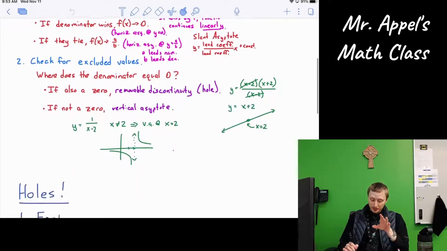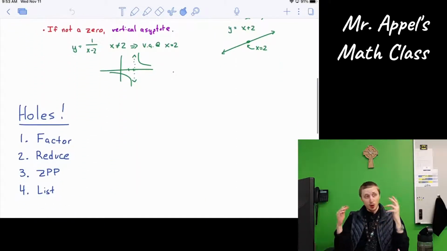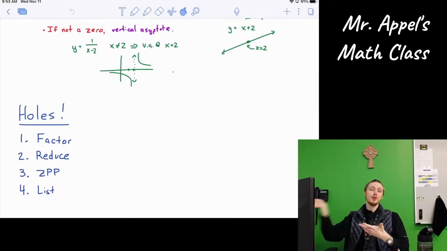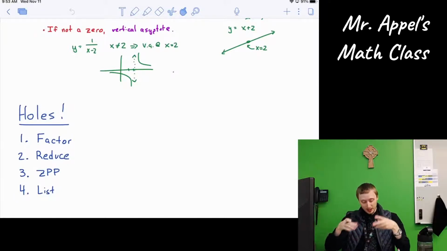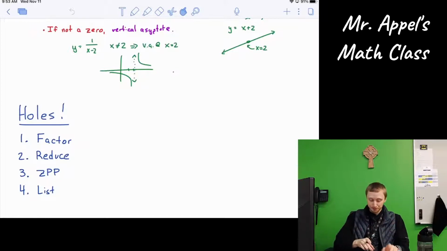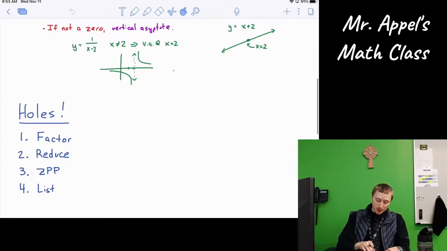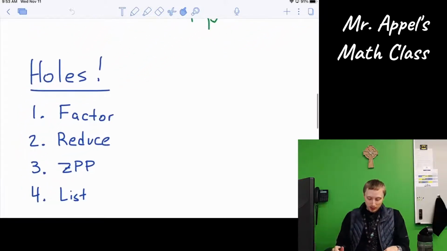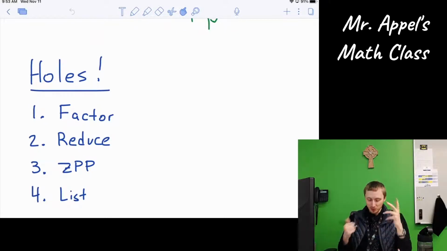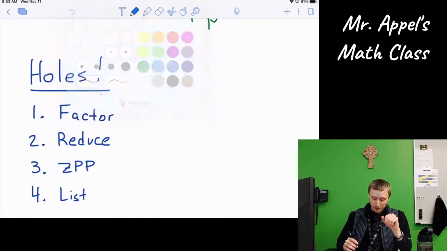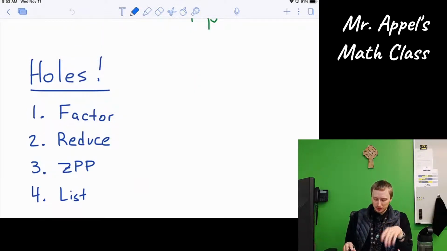But after that, because of the nature of holes, if they're present, they throw everything else off. You want to get through those first. So here's my revised order of operations, as it were, when dealing with a rational equation. This is only a recommendation.